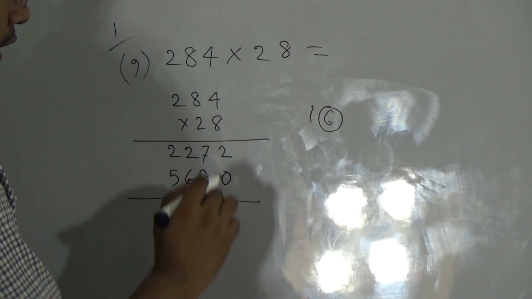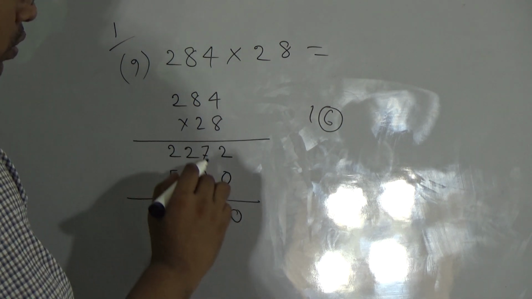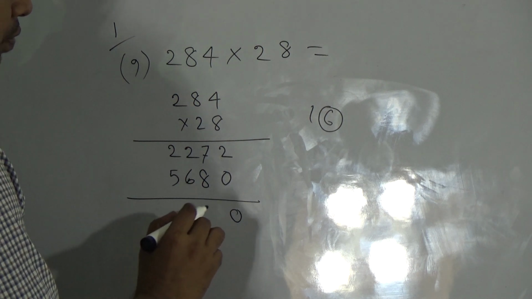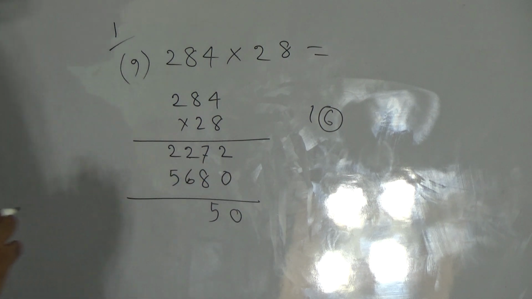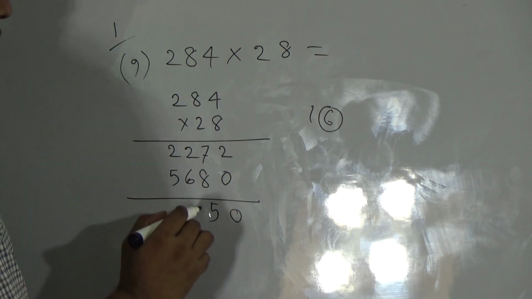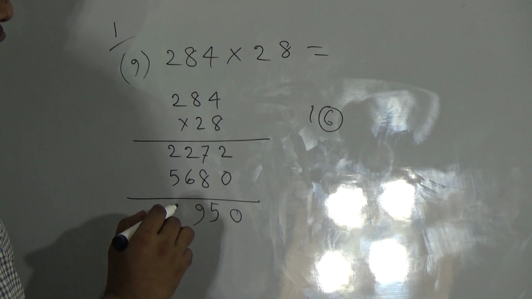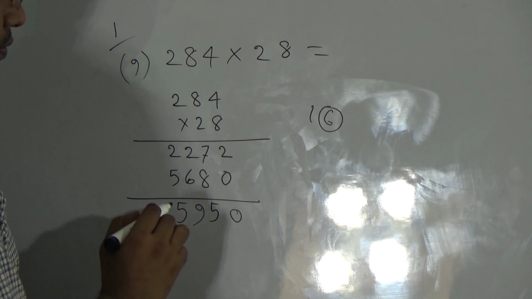Now if we add, then it will be 2 plus 0, this is equal to 2. 7 plus 8, this is equal to 15. From 15 we'll write 5 carrying 1. 1 plus 2, this is equal to 3 and 3 plus 6, this is equal to 9 and 5 plus 2, this is equal to 7.